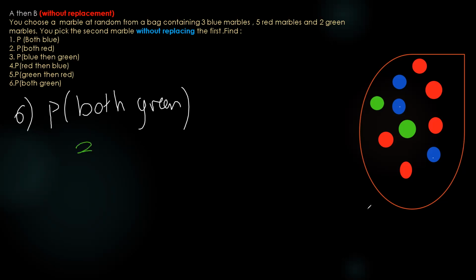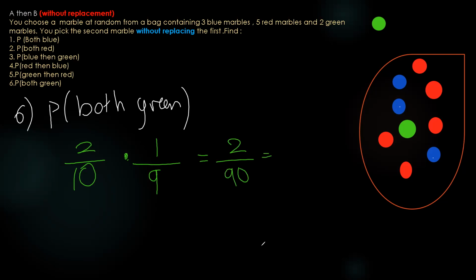It's 2 over how many marbles we have? We have 10. Then after we took one of the marbles outside, how many marbles are left? We have 9. So it will be 2 over 90, or you can say 1 over 45.